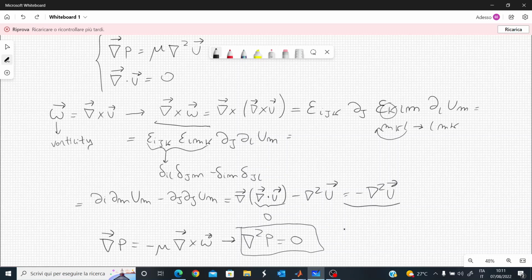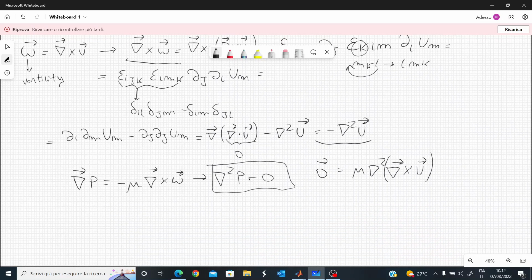You have the curl of the gradient, which is 0, and then you have mu del squared curl of u. So this operator can be put before the Laplacian. We can change the order between them, because they are partial derivatives after all, and we can always change the order between the partial derivatives.